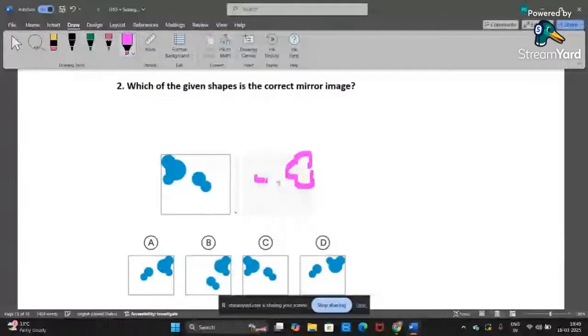So the diagram should be like this when it is in mirror image. So which is similar here? Obviously, for this the mirror image is A, right? Yes.